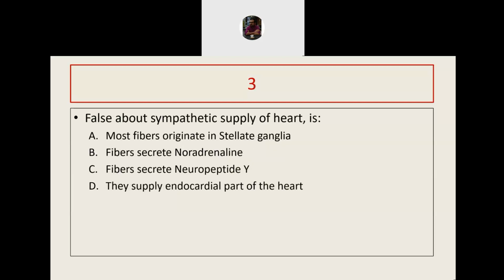False about sympathetic supply of heart is... Very good. The answer is D, that they supply the endocardial part of the heart. This is wrong. They only supply up to the epicardial part of the heart.